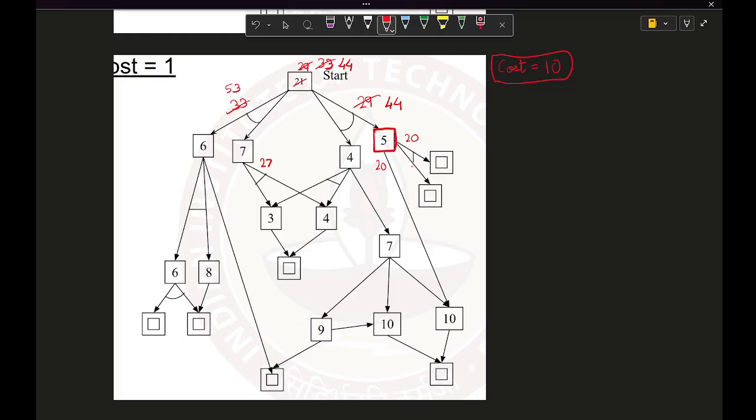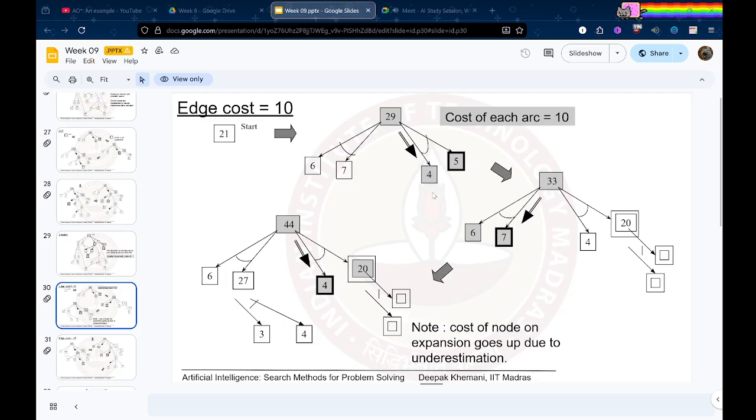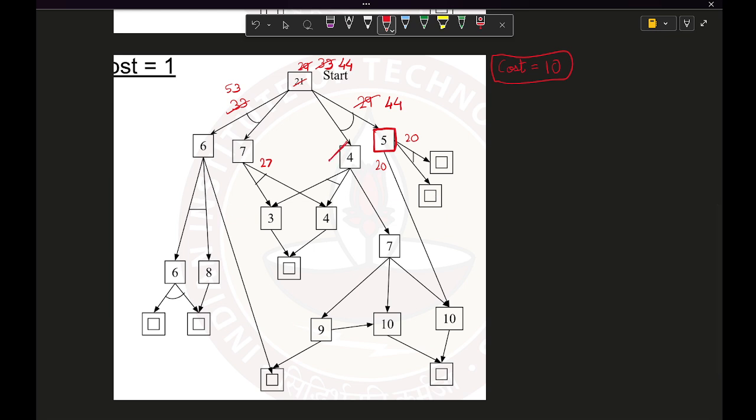Now, because 5 is already marked as solved because it already had these children, we go to 4 now. We don't explore this because that is already solved. So now we explore this 4 branch and we see that it has these AND nodes and it has this path as well.